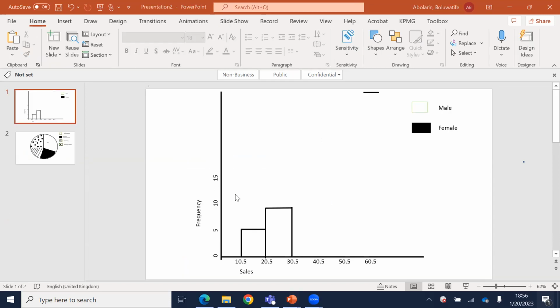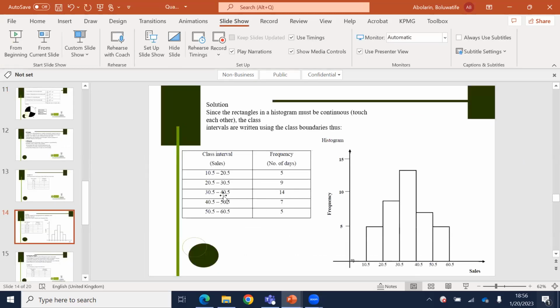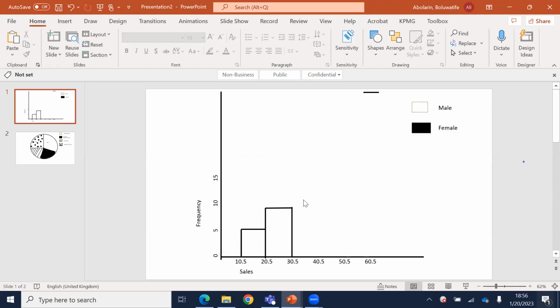So it's showing here between this and this, 20.5 to 30.5 is 9. The next one is saying between 30.5 to 40.5, it is 14. So you read it. If 50 is here, a little bit lower is 14. It's 14.